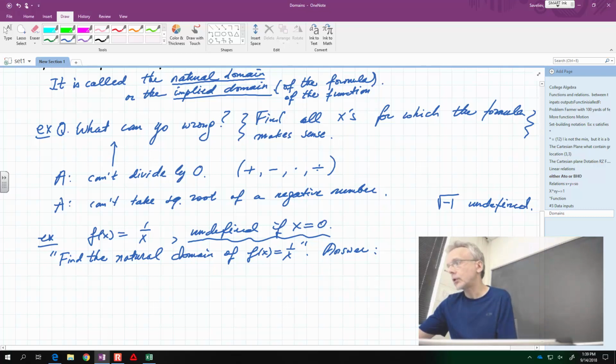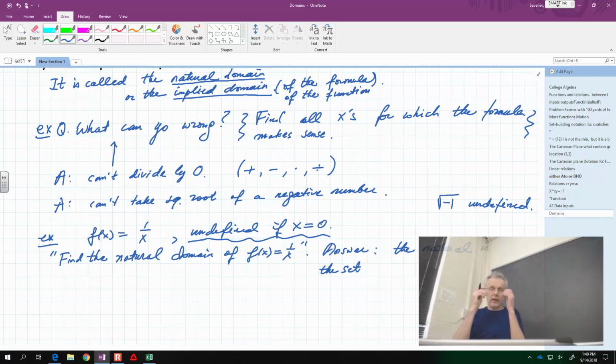And how would you verbally describe the answer? No, I don't want to say undefined. The answer is that what is the natural domain. So your answer should be: the natural domain is. In fact, you can go on and say the natural domain is the set, and then you describe what that set is. So what is that set?